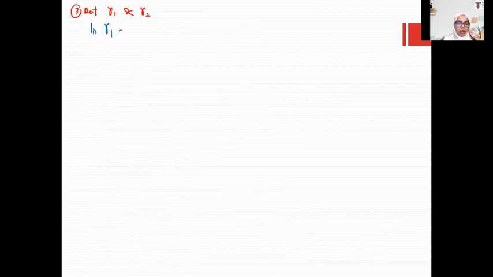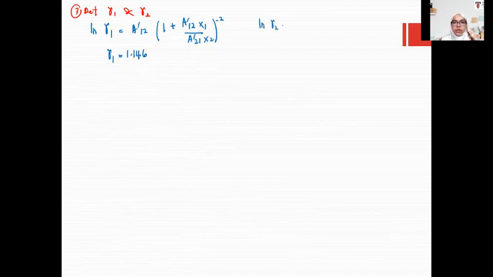So ln gamma 1 equals A12 times (1 plus A12 X1 over A'21 X2) to the power of minus 2. So gamma 1 equals 1.146. Then ln gamma 2 equals A'21 times (1 plus A'21 X2 over A12 X1) to the power of minus 2.